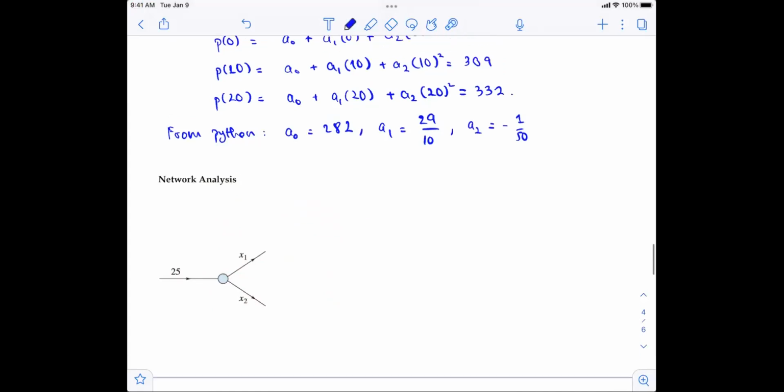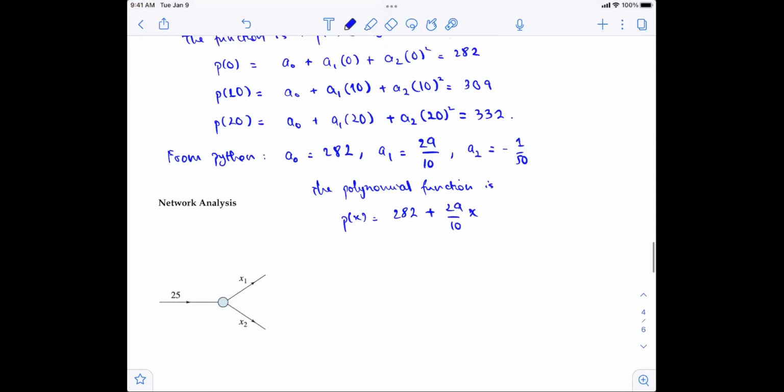So the polynomial function is P of x equal to 282 plus 29 over 10 x minus 1 over 50 x squared. So that is part A. You come up with a polynomial function of degree 2.